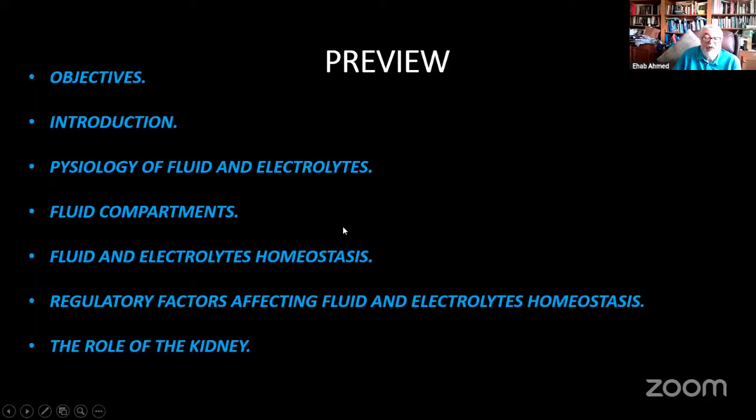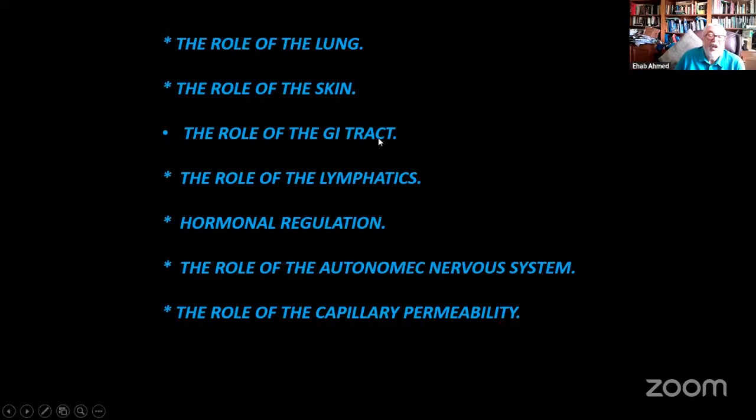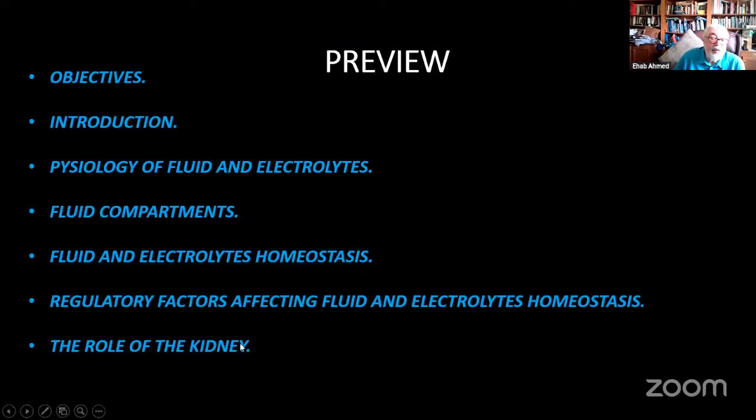What are the regulatory factors, organs, hormones, structures, laws affecting tissue fluid formation? And we talked about the kidney, especially sodium, bicarb, potassium, and chloride. How does the kidney deal with those electrolytes, especially in the term baby, especially in the preterm baby, and why the kidney of the newborn baby, the preterm baby, is different, and it manages fluids and electrolytes differently.